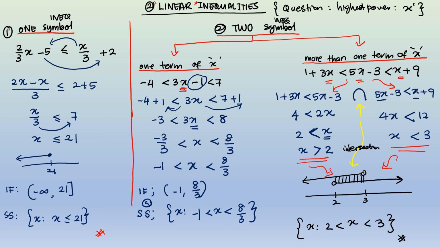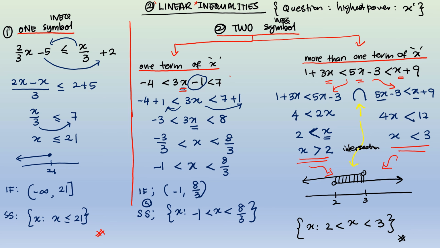If we look at a summary for this part: if we have only one symbol, no problem, direct calculation. If you have two symbols but with one term of x, it is easy, because we don't separate it, so you can just calculate the answer. But if you separate it, you must use the word 'and'.